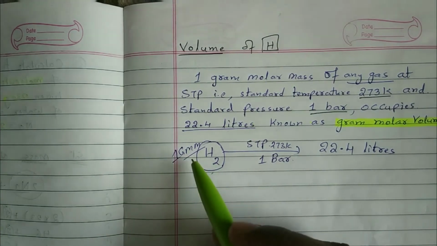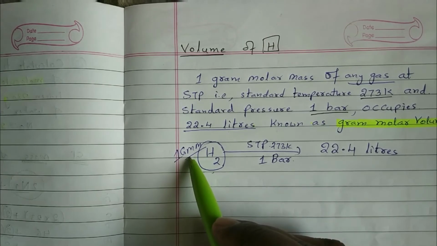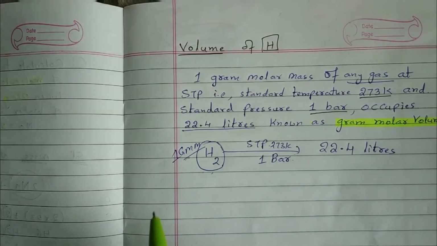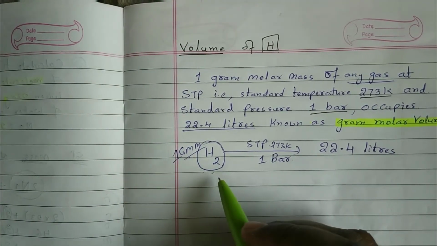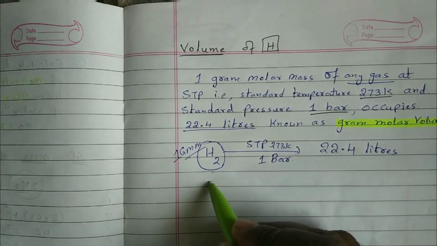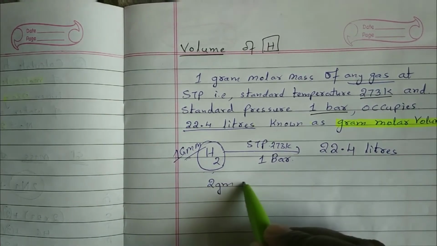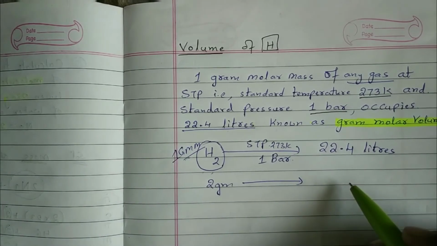Now, what is the 1 gram molar mass? So here we got the gram molar mass of hydrogen as 2 gram. In the problem, we have seen that hydrogen is liberated 10 gram.